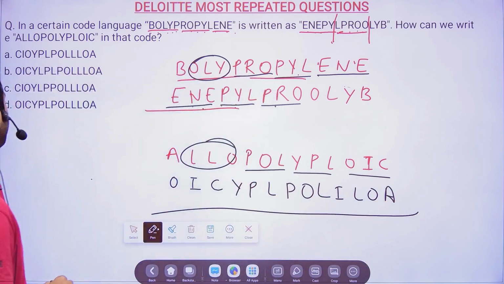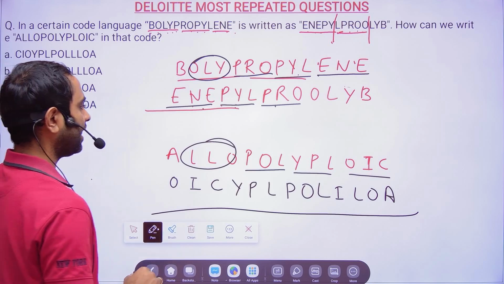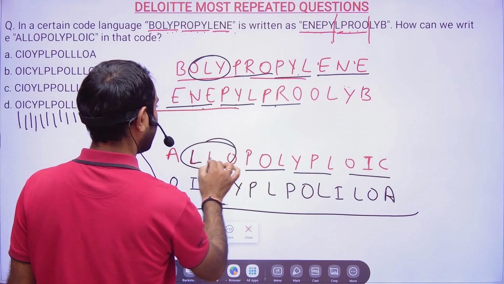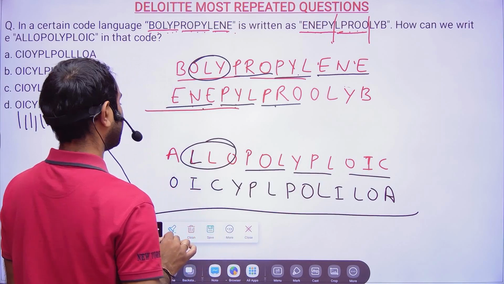Now you have to search for this. So O, I, C, Y, P, L, P, O, L, L, P, O, L, L. Okay. And I is not there. How many L we have? 1, 2, 3. 4 L are there.